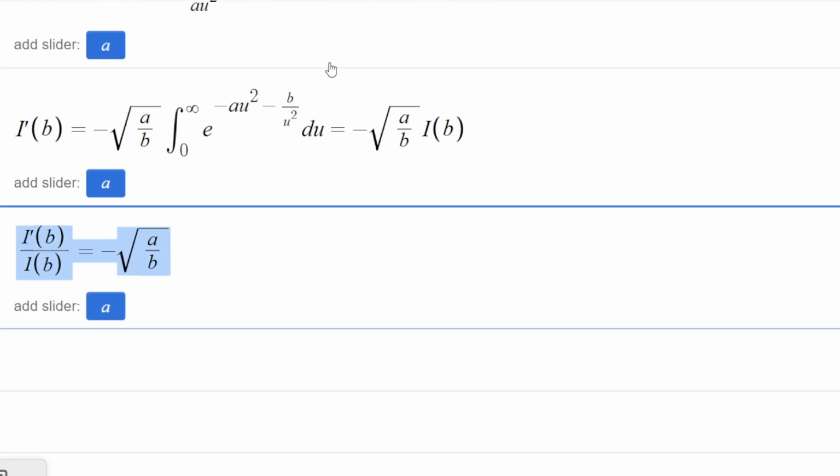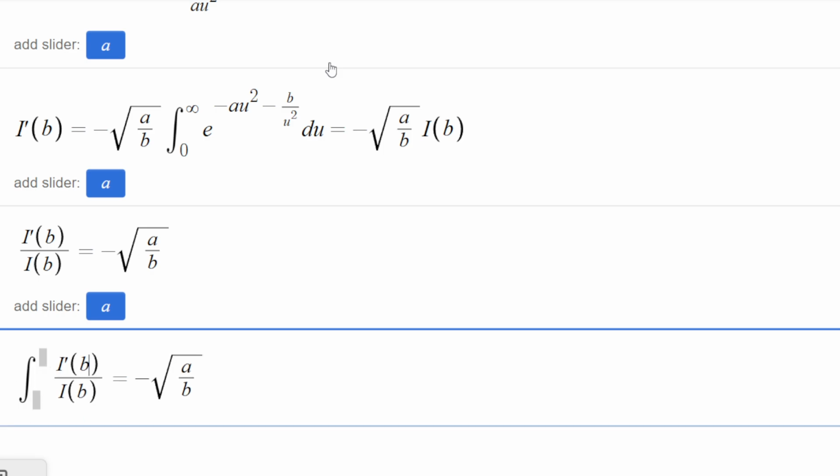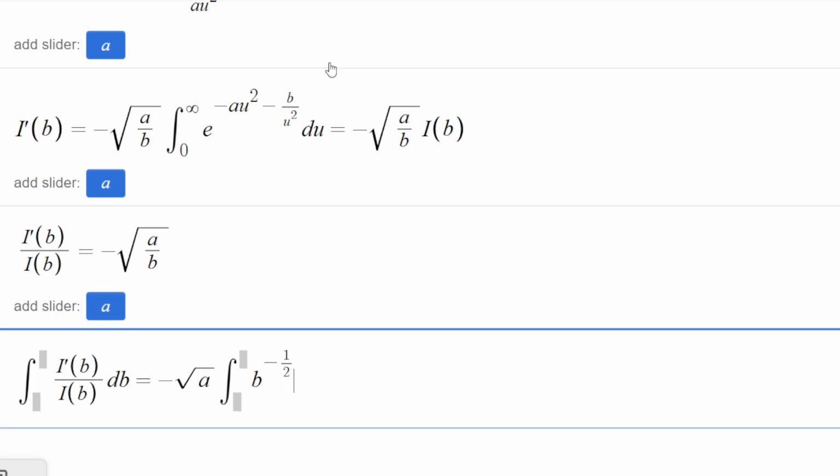All right, now we can integrate both sides with respect to b. So let's put an integral sign there, and then let's bring out the square root of a, and we'll make this a b to the negative 1 half. So let's see. This we can evaluate with the substitution u is equal to I of b. Therefore, du is equal to I prime of b db.